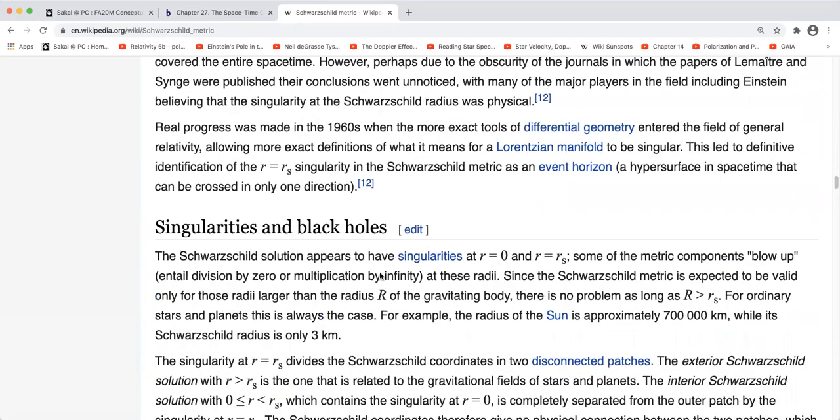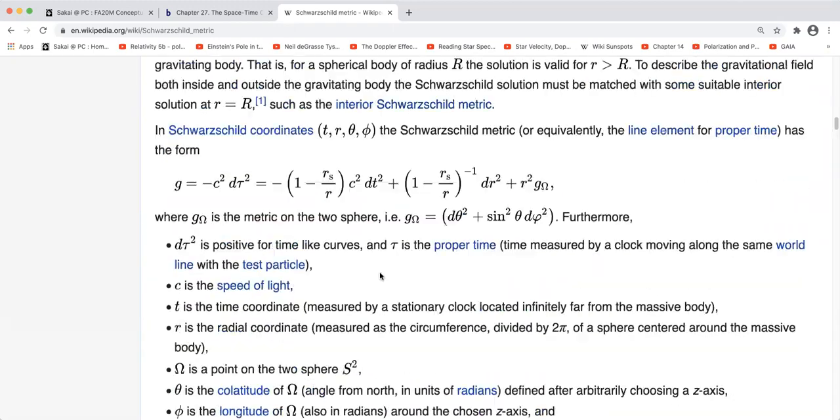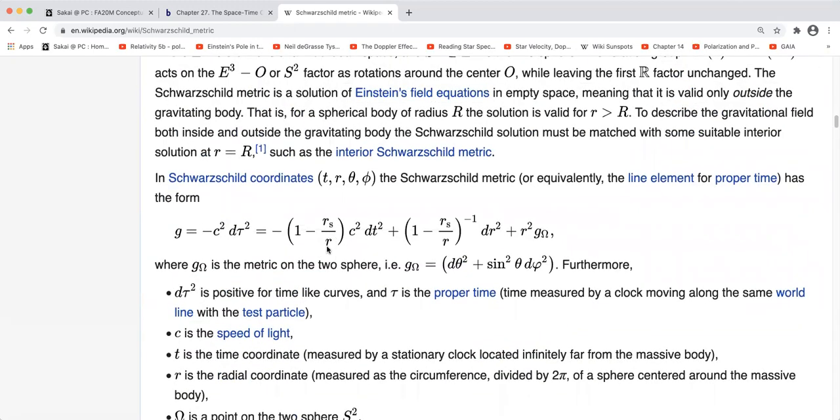As an example, when Schwarzschild first wrote his metric here, we mentioned that there's a singularity at r equals 0, right? You can't have 1 divided by 0, where r equals 0 would be the center of the black hole. And another singularity problem would be when r is equal to the Schwarzschild radius. The Schwarzschild radius is the event horizon, or the radius of the black hole.